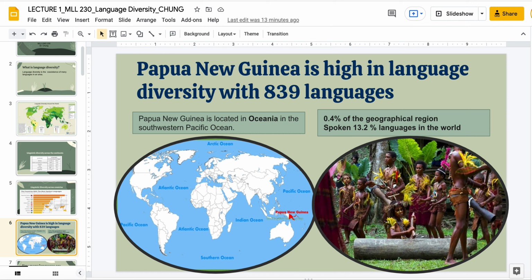Papua New Guinea hosts some of the highest numbers of languages and speakers, because there's lots of different communities. And we'll talk later about the factors that impact whether a region is very high in linguistic diversity or low in linguistic diversity.